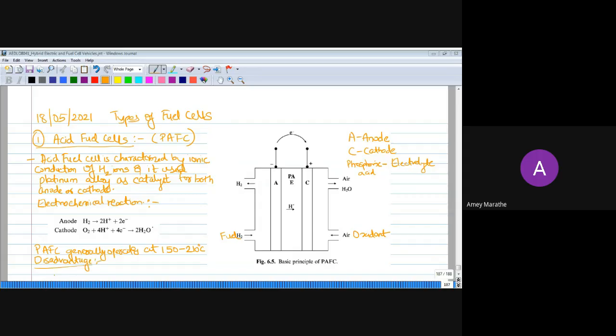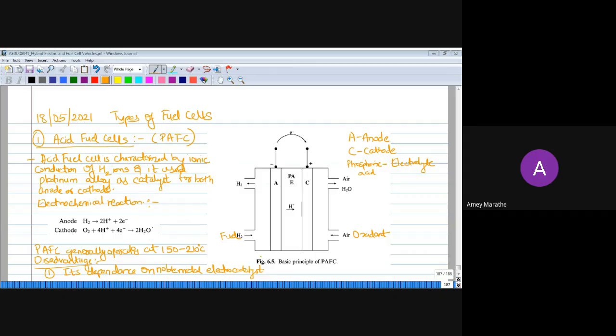The major disadvantage is its dependence on noble metal electrocatalyst. Okay, so you see, it will depend on noble metal electrocatalyst, and that does not work in the favor of phosphoric acid fuel cells.